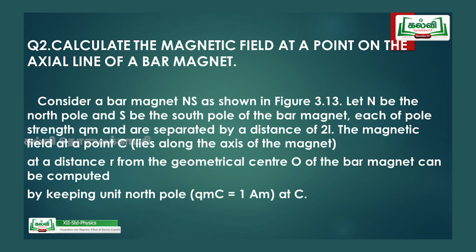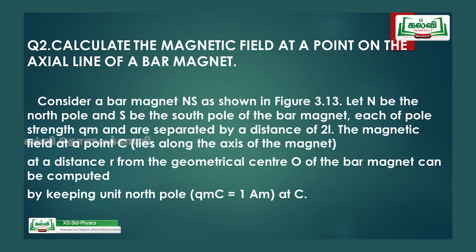Then the next question: calculate the magnetic field at a point on the axial line of a bar magnet. This question is similar to the one which we studied in electrostatics. There we had two charges, one positive and one negative, Q1 and Q2.